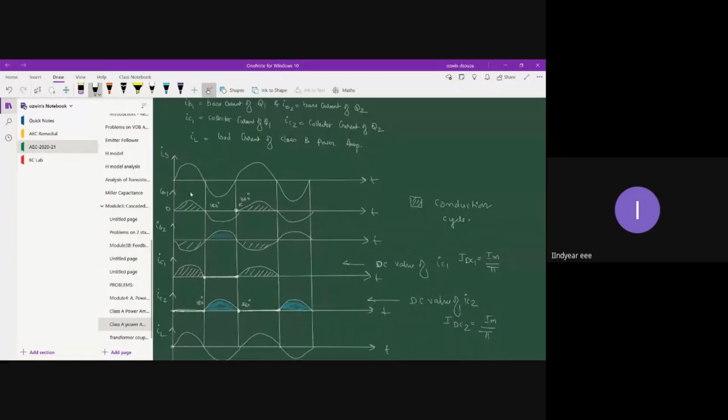Quickly brushing up: in a class B power amplifier, the Q point is set in the cutoff region, due to which the transistor conducts only for 180-degree duration. But you want your output to be a 360-degree one. That's the reason we take two transistors. One transistor conducts for the positive half cycle, and the other conducts for the negative half cycle.